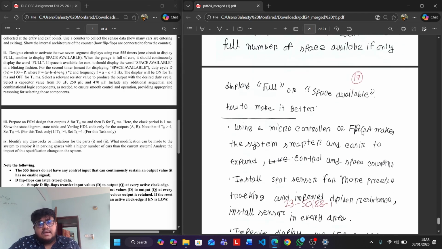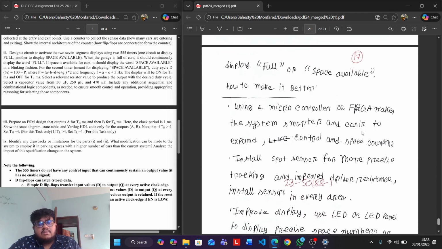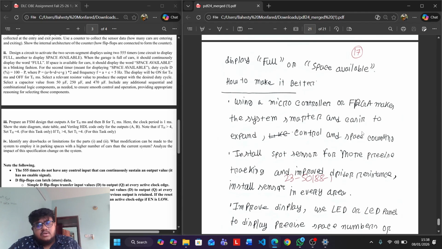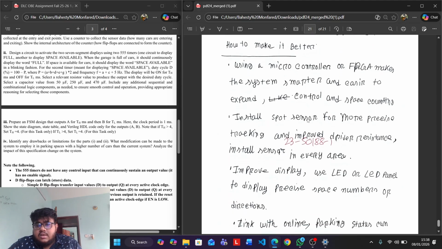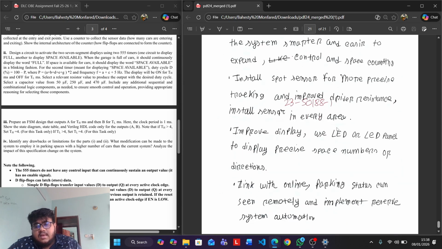So how can we make it better? Using a microcontroller, which is very popular, we can make the parking system more automated, smarter, and easier to control and count spaces. We can install spot sensors that will be more precise and improve driver assistance. Install sensors in every area and improve the display.